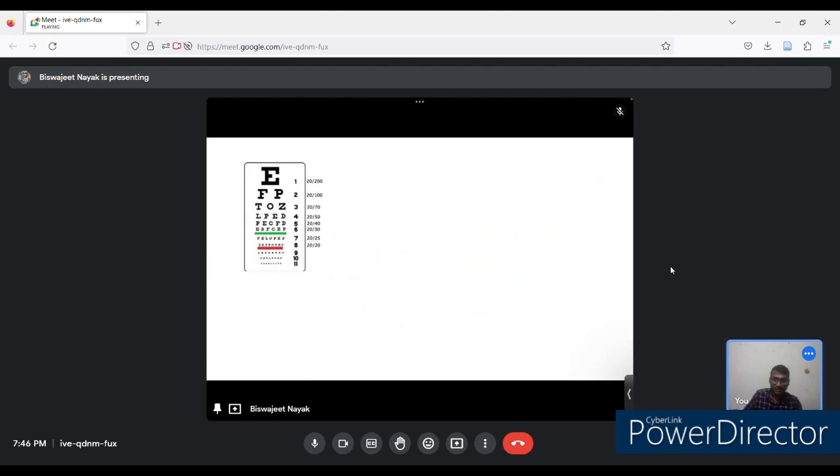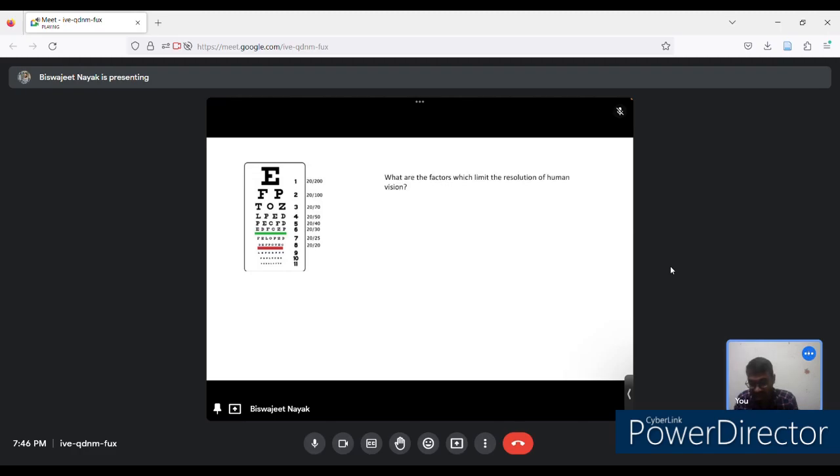There is another very nice concept considering this Rayleigh criterion. This we have already seen when we go and check our eyes. They used to give us this kind of chart and tell us what to read, right? So what does this mean?